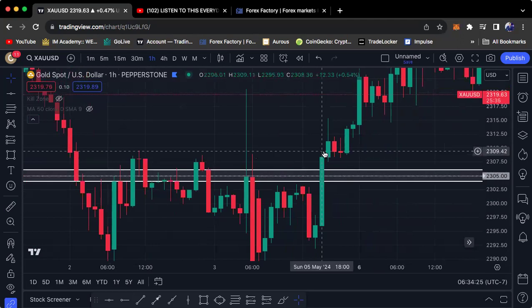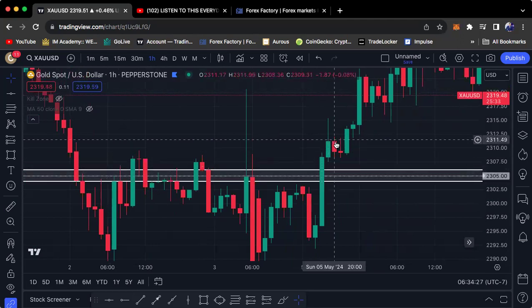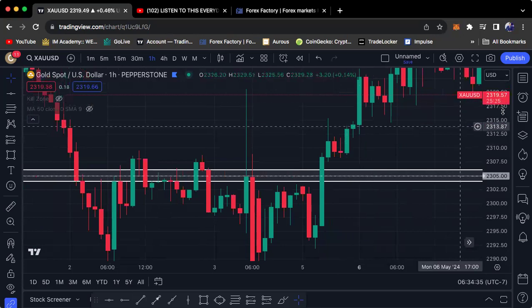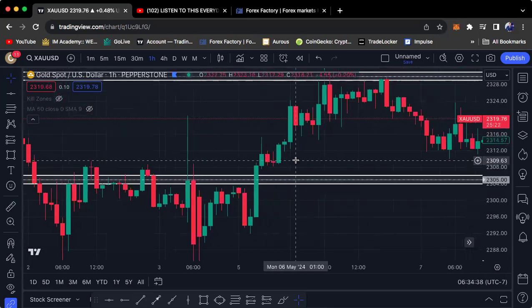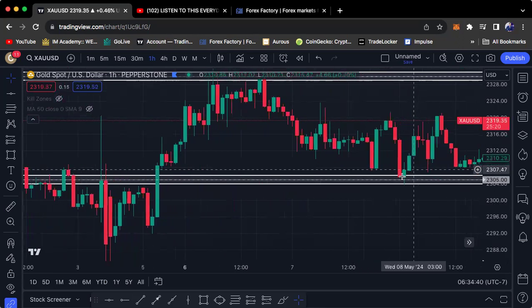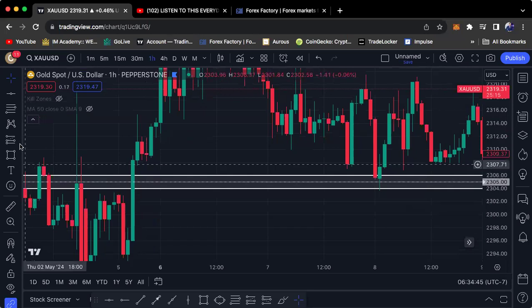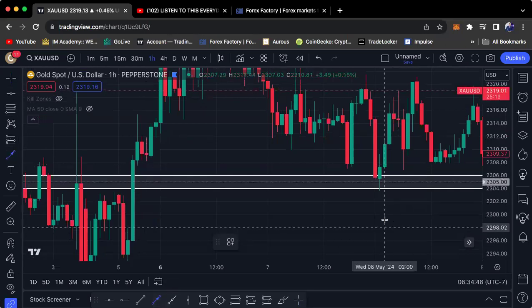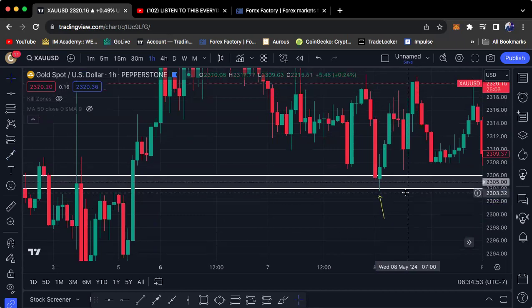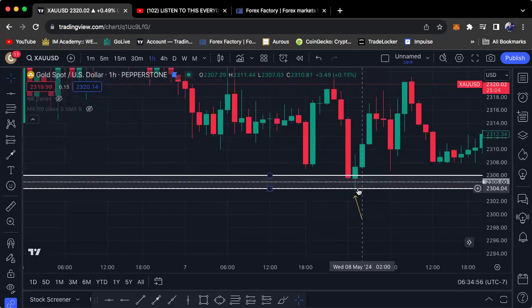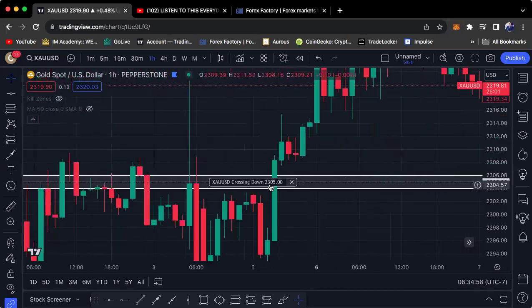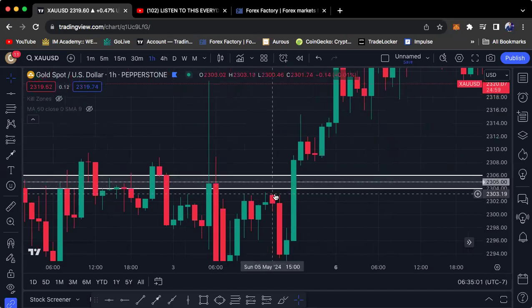But here it finally broke above, right? It never came back down to retest the zone, and it just continued to the upside. And then it finally came back down to retest the zone here, this candle here. See, touched the zone. This price action here.